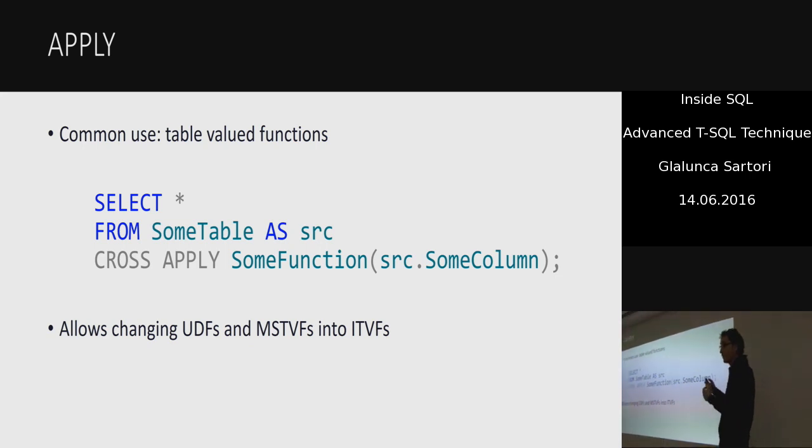And this is the most typical use of the apply operator. It is also useful for changing some UDFs, so scalar functions, into inline table value functions, which is something you couldn't do in SQL Server 2000.